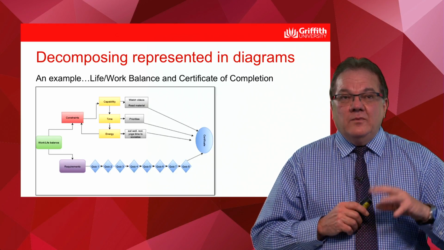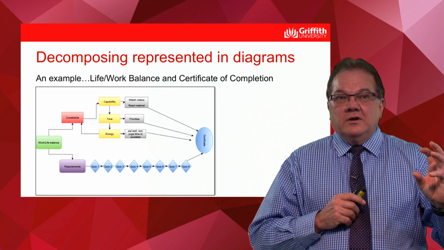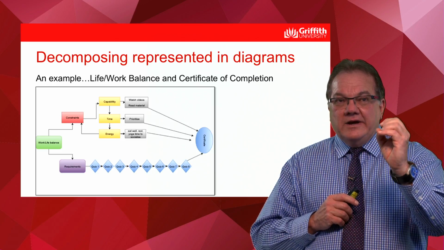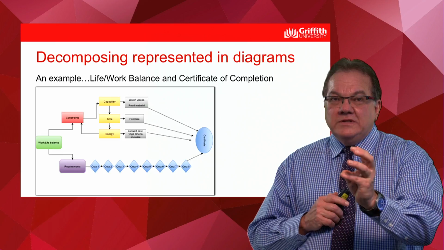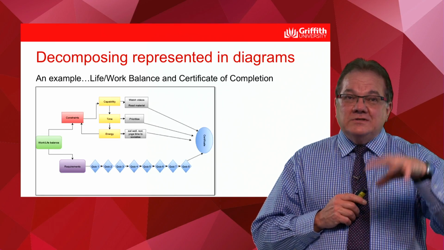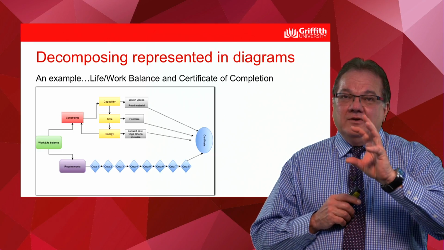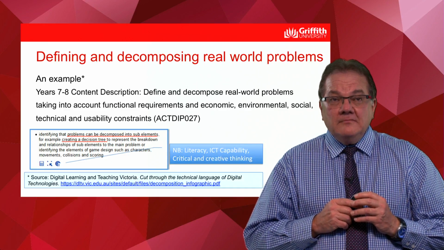So you can see here where this particular teacher has started with the work-life balance and then discussed and identified their constraints and their requirements. In the requirements, they need to do all 8 quizzes to get the certificate of completion. And while they're engaging in the course, there are some other constraints that they have to work within to maintain a life-work balance.